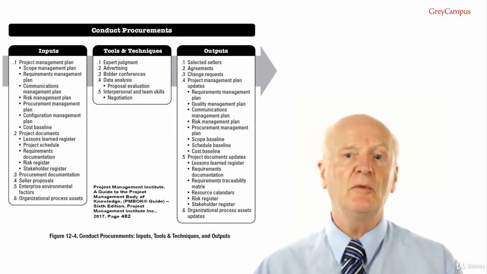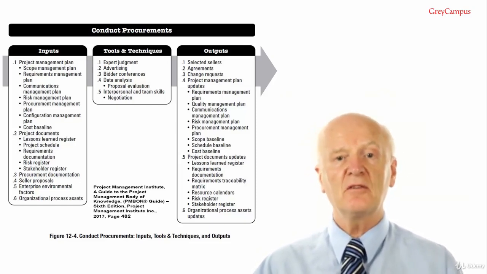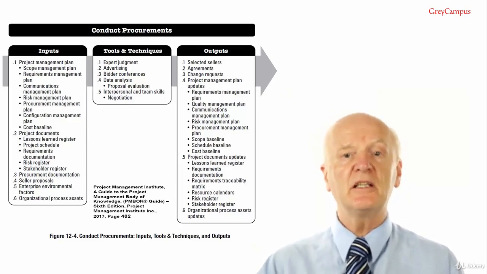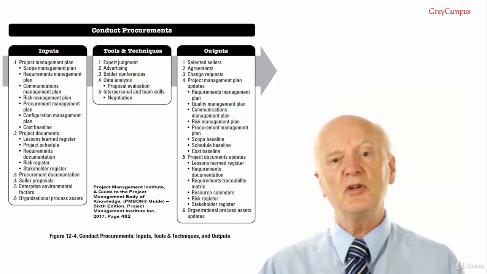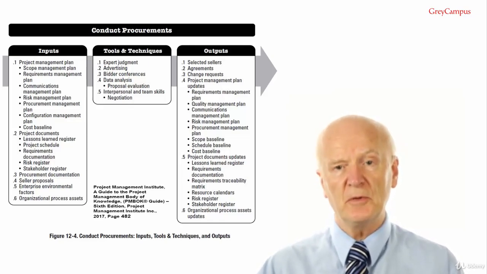Input number 2, project documents, would include as always, the lessons learned register. There's also the project schedule because it identifies the start and end dates of project activities, including procurement activities. It also defines when contracted deliverables are due.